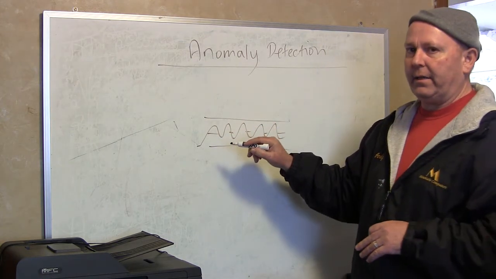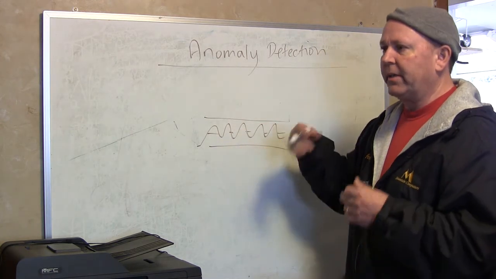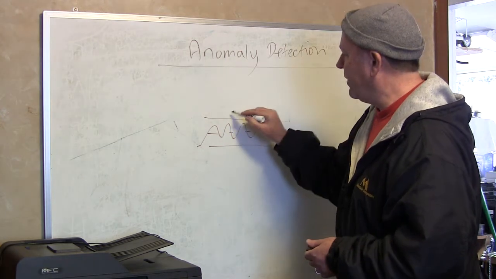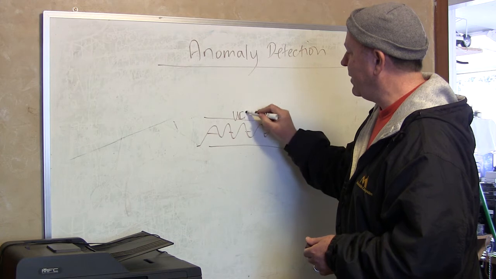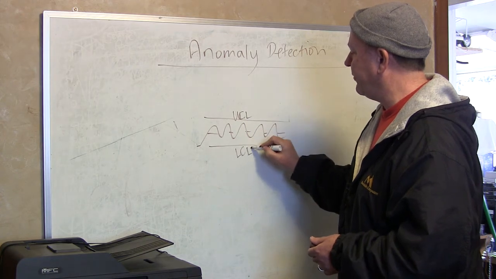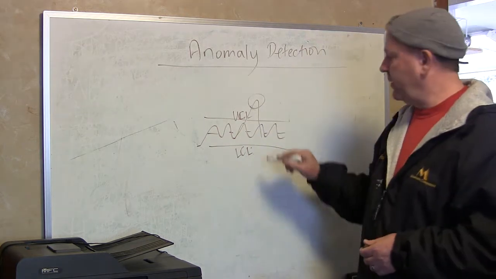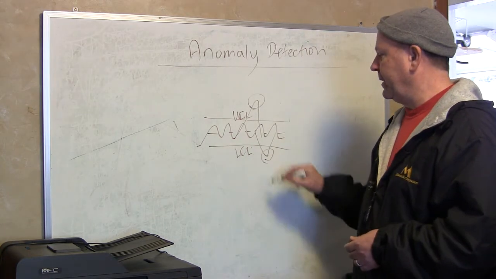One of the things I learned in manufacturing, IT manufacturing, supply chain, you name it, is that you have upper control limits and lower control limits. If you get outside of one of those, or go below it, that's called an anomaly.